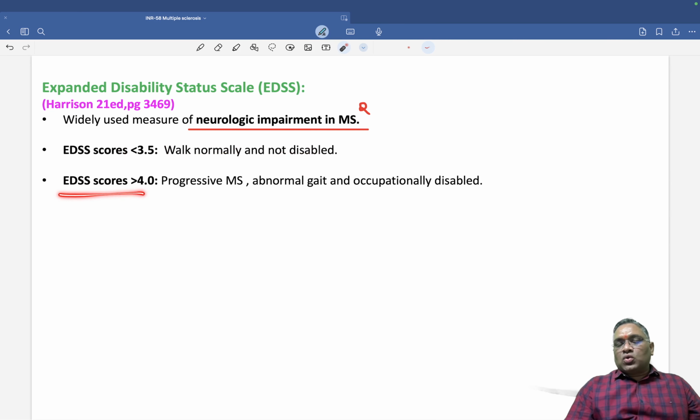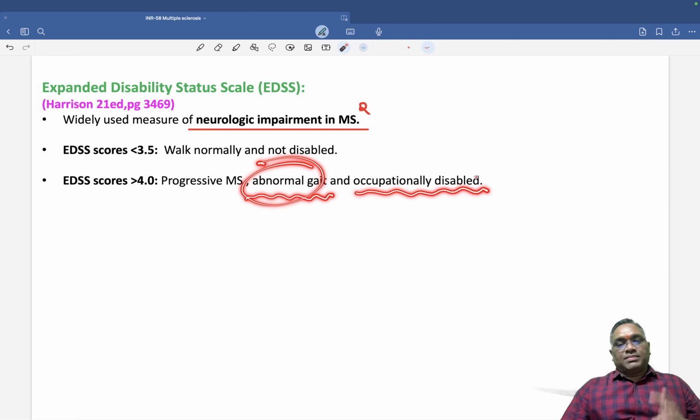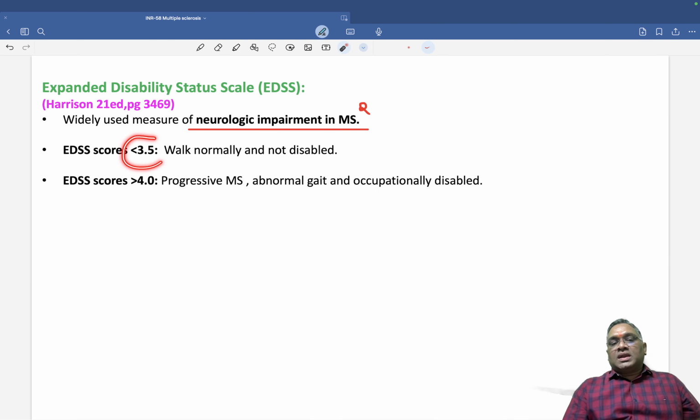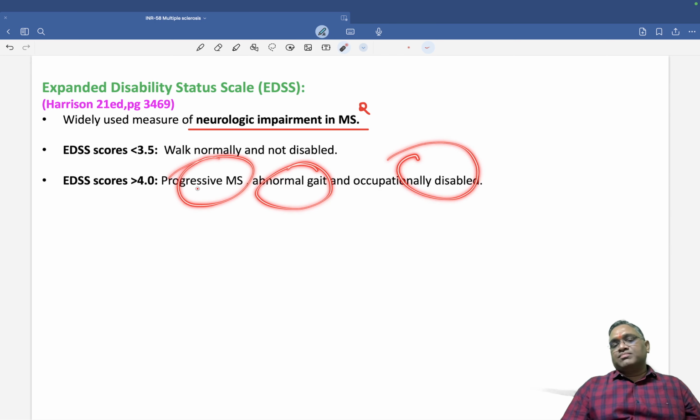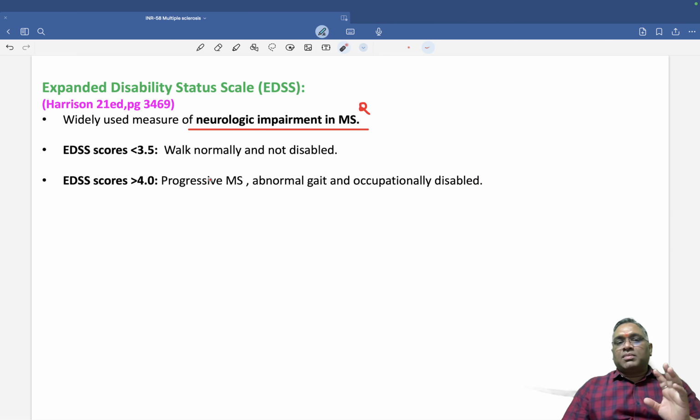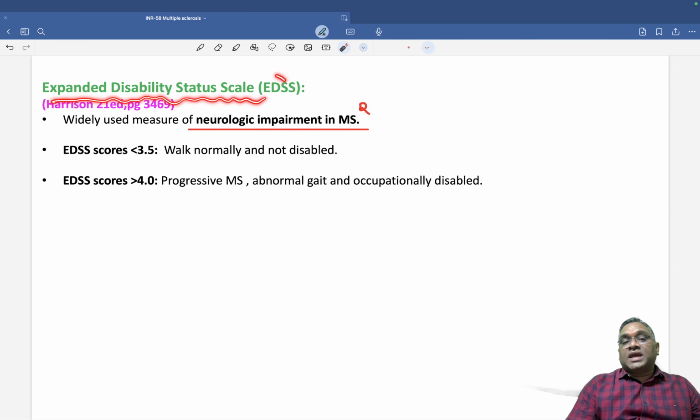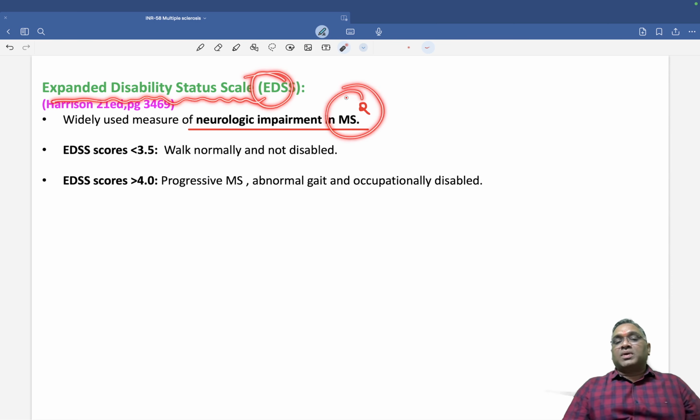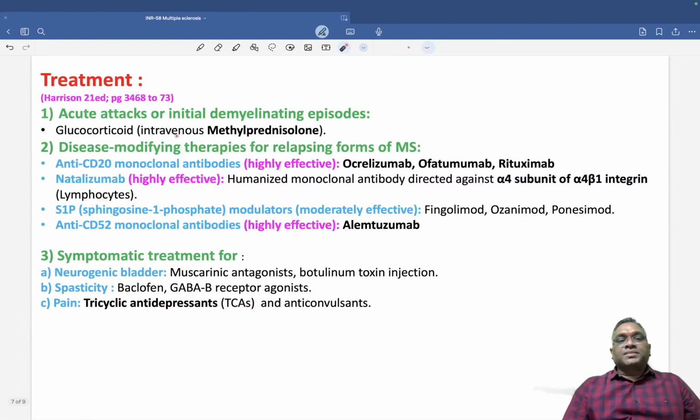If EDSS score is more than 4.0, they will have progressive multiple sclerosis, they will have abnormal gait, and they are occupationally disabled. So you have to remember two things: less than 3.5 is normal, more than 4 is progressive, occupationally disabled, with abnormal gait. So these are important points about the expanded disability status scale, which is used for neurological impairment in multiple sclerosis, right?